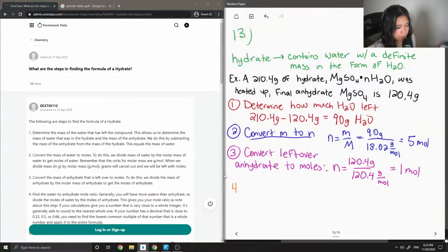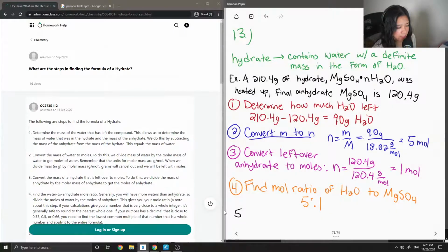So step 4 is to find the mole ratios of H2O to the anhydrate. So in our case, it is a ratio of 5 to 1.